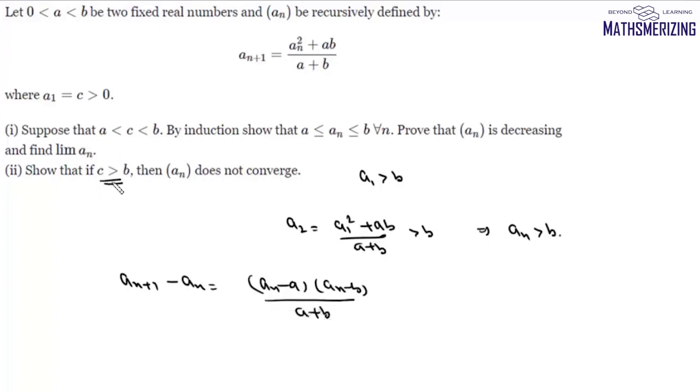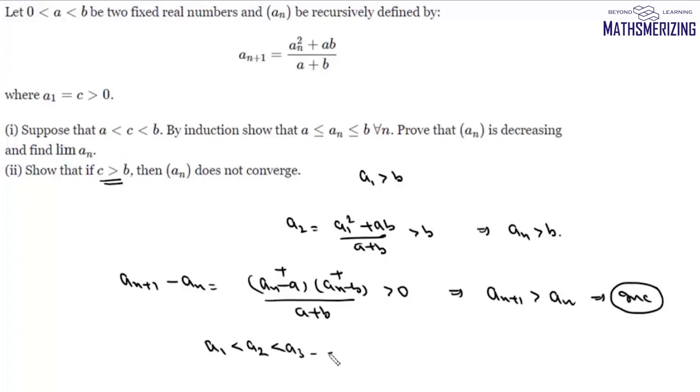Now since a_n is greater than b, this is positive and this is positive, so it will be greater than 0. So from here we can say a_{n+1} will be greater than a_n. Now in this case, this sequence will be an increasing sequence. So this sequence a_1, a_2, a_3 will increase, and this a_1 is greater than b.